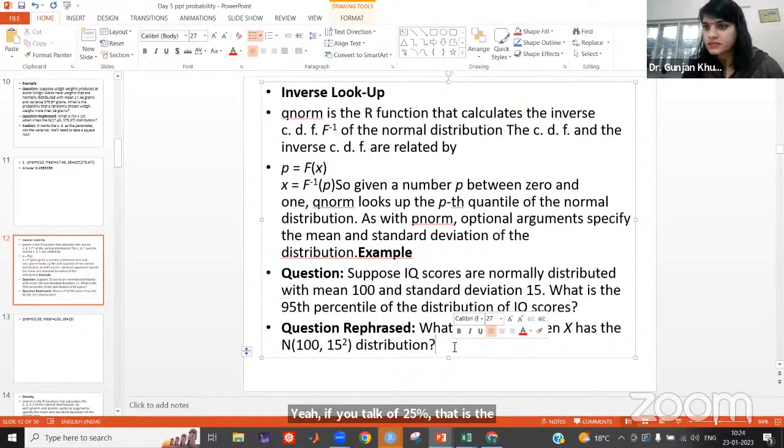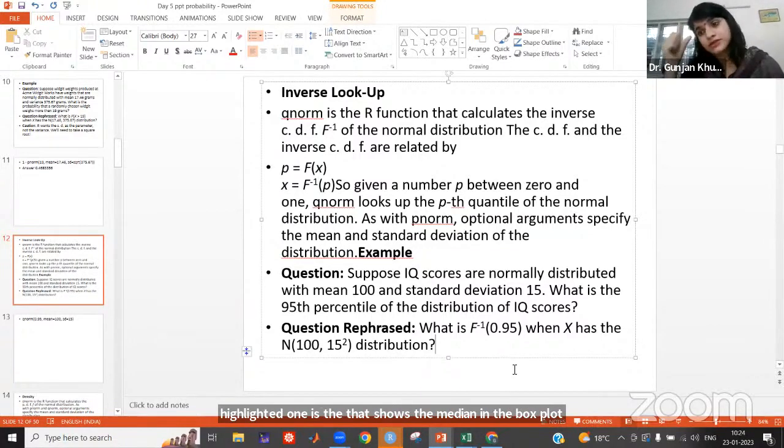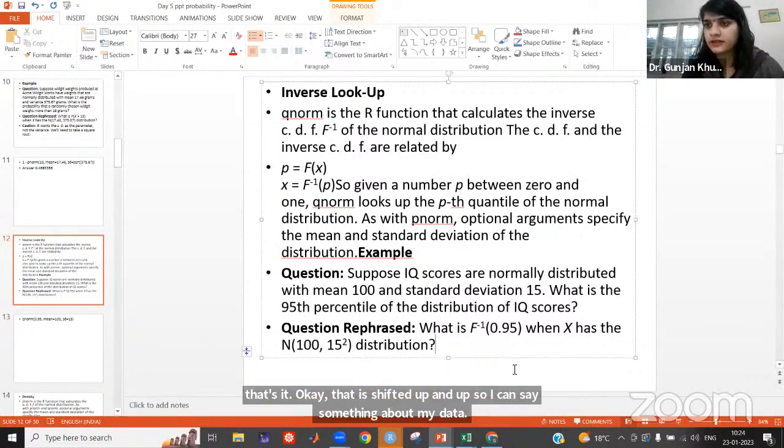If you talk of 25%, that's the first quartile. And if you talk of 75%, that is the third quartile. So in the box plot, the highlighted line shows the median. If it is shifted up, I can say the median is towards the higher values.